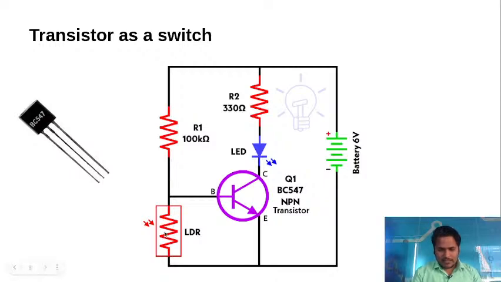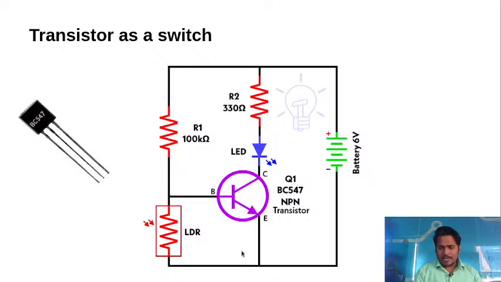In daytime the resistivity of the LDR will be very low, and current always follows the low resistance path. So the current will come here, and at the base the input voltage will not be sufficient to turn on the transistor, and the transistor will be in open state, like an open switch.